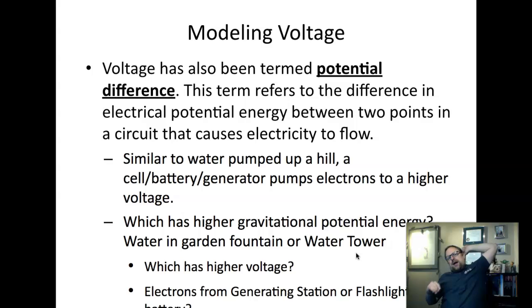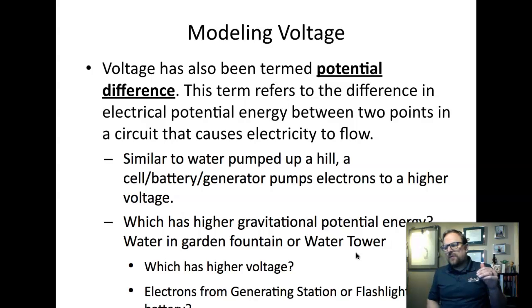Okay? Another way I've heard to talk about this is to think about it as pressure, which is a little bit difficult to describe in liquids, but you could think of it in gases. If you have very little pressure, not very much pushing on that water or those electrons, you will end up with low voltage or low flow.